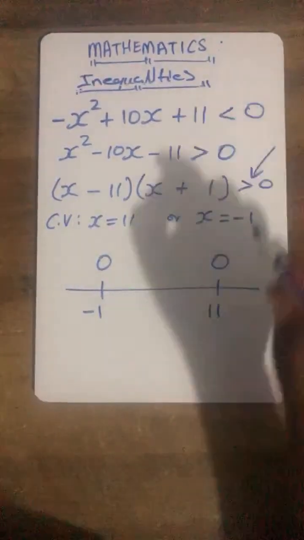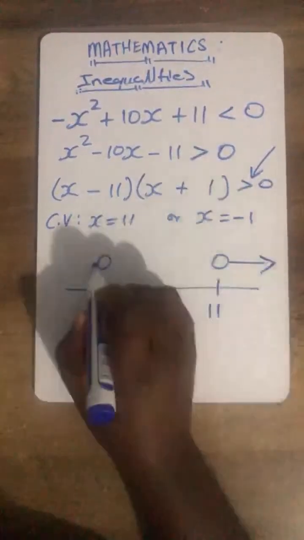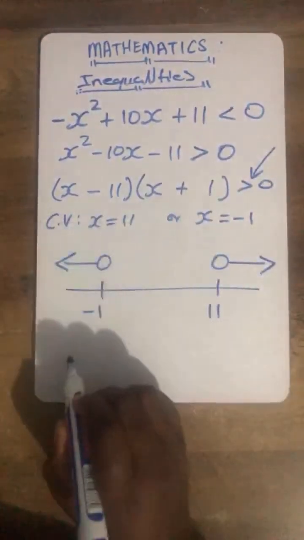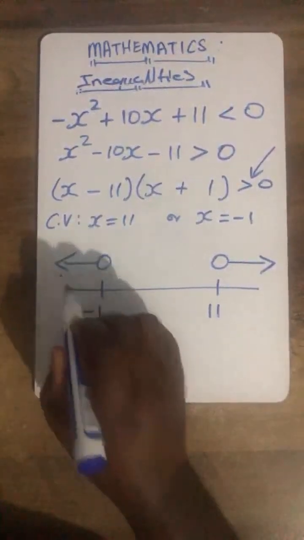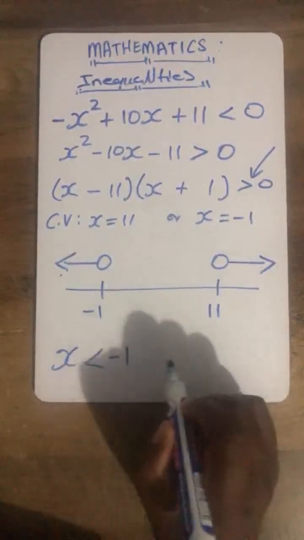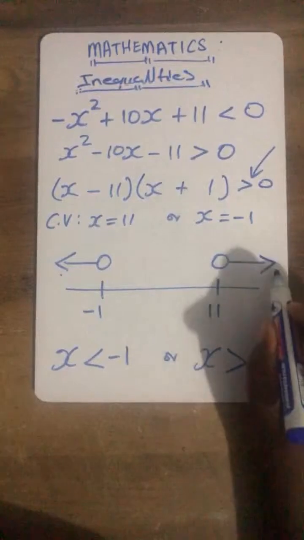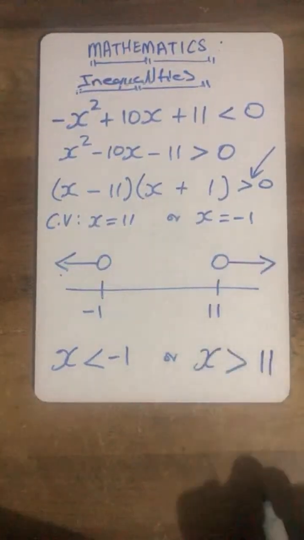Yes, these two are the same. So because it's greater than, it means arrows outwards. This is where you say x, you take that arrow as it is, and then you say -1. Or you say that, you take that arrow as it is, and then you say 11. Then you are done.